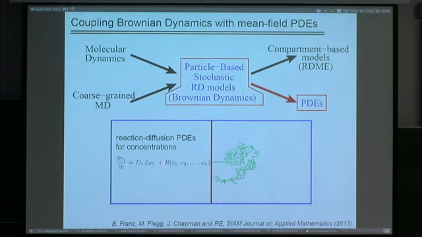It's easy to explain why it's difficult: it's a fundamentally different problem from the one we are facing here. Here we were coupling one realization of a stochastic process with another realization of a coarser stochastic process, while here we are coupling one realization of a stochastic process with a mean field equation, the equation for average behavior. Nevertheless, you can try to design some schemes, and you can play just with diffusion in this case.